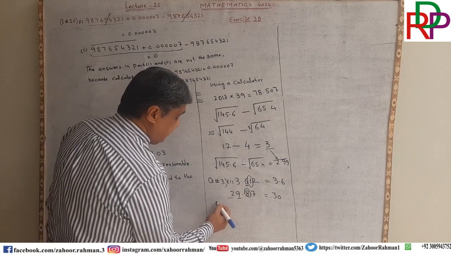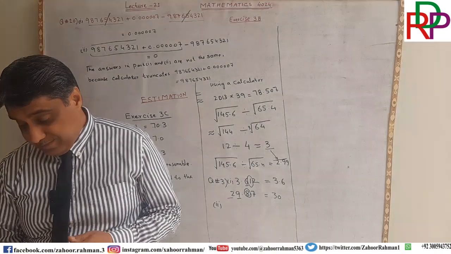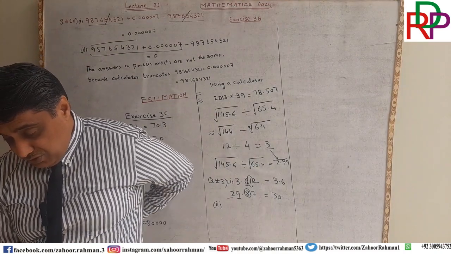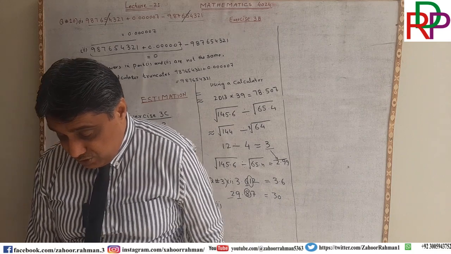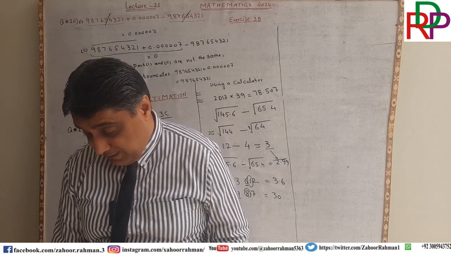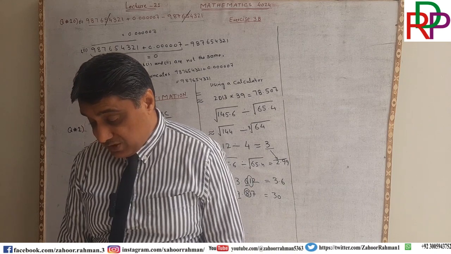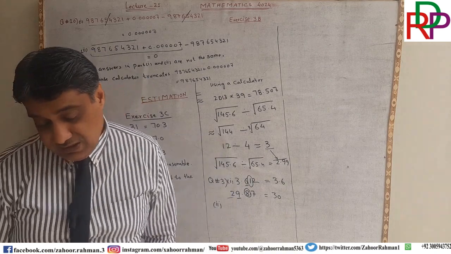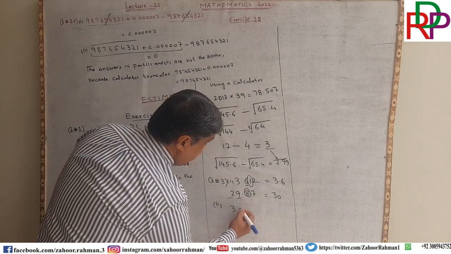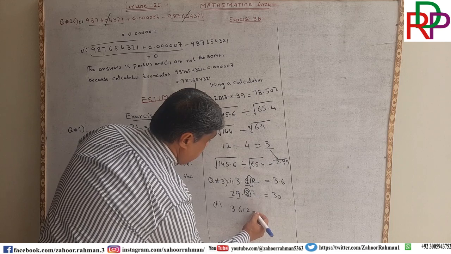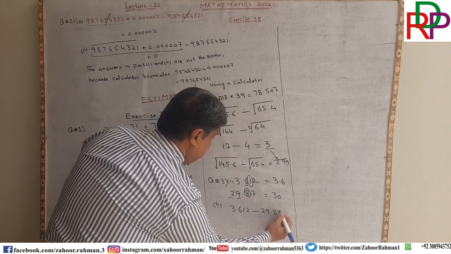The second part is saying use your answer in part 1 to estimate the value of 3.612 divided by 29.87.